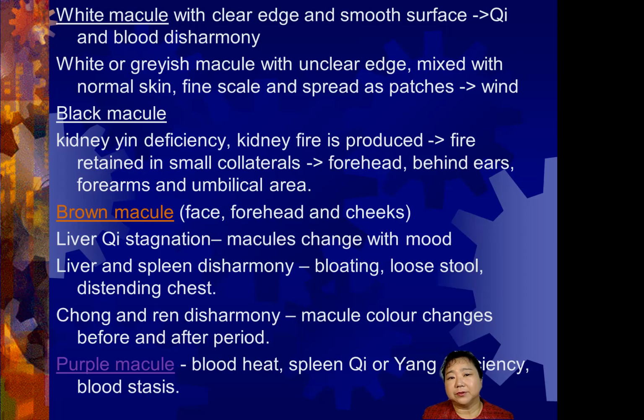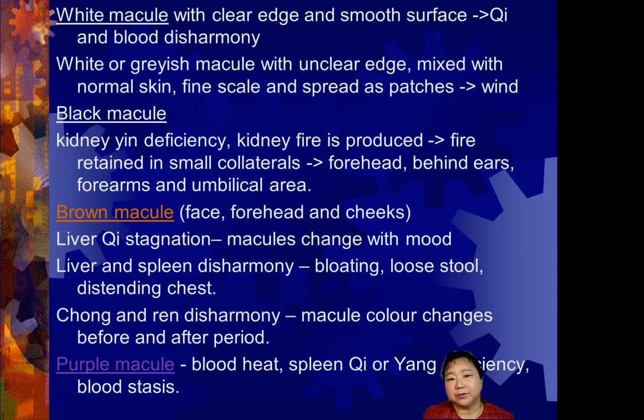Black macule tells us there's a kidney insufficiency. Kidney fire is produced. Fire retains in the small collaterals and causes a black macule. It happens on the forehead, behind the ears, forearm, and umbilical area.